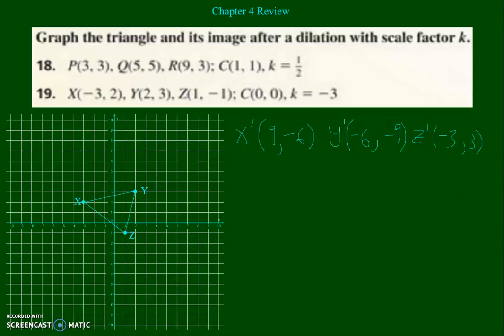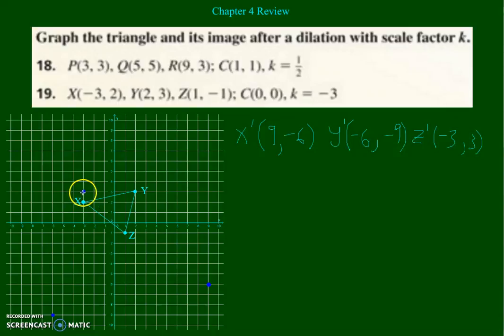Now let's go ahead and plot those points. So we will plot them in blue, and we have 9, -6. So 9, -6 is here. -6, -9. And -3, 3. So -3, 3.